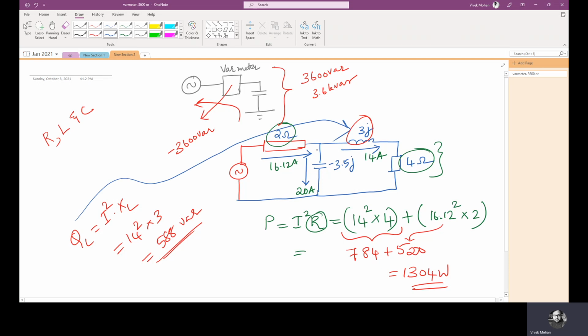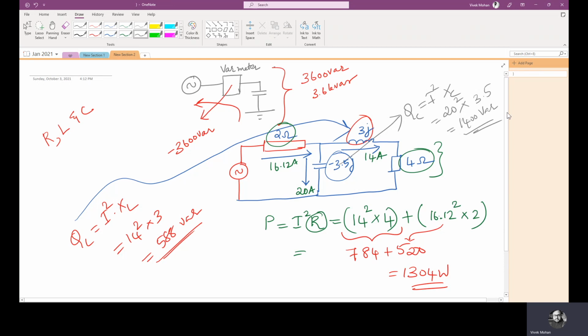Now the 3.5 ohm capacitor, for this I have QC, which is generated by the capacitor, equal to I squared XC, which is equal to 20 squared into 3.5, which is equal to 1400 VAR.